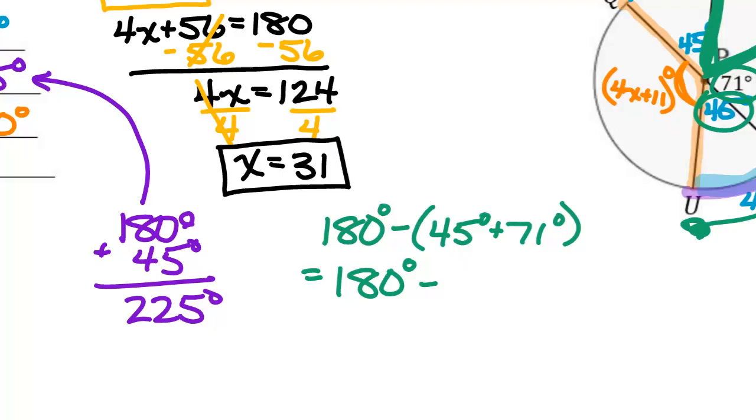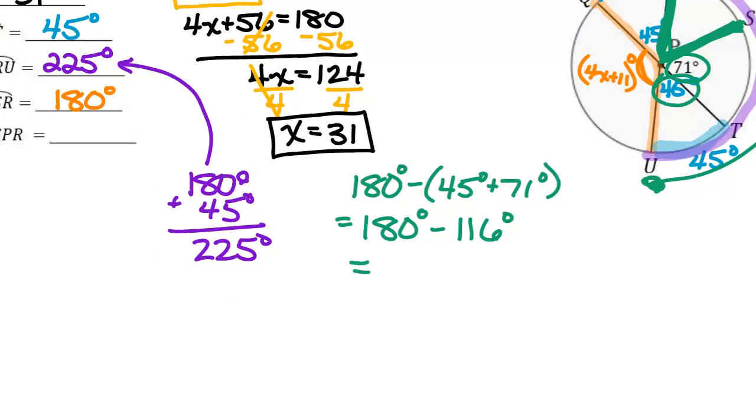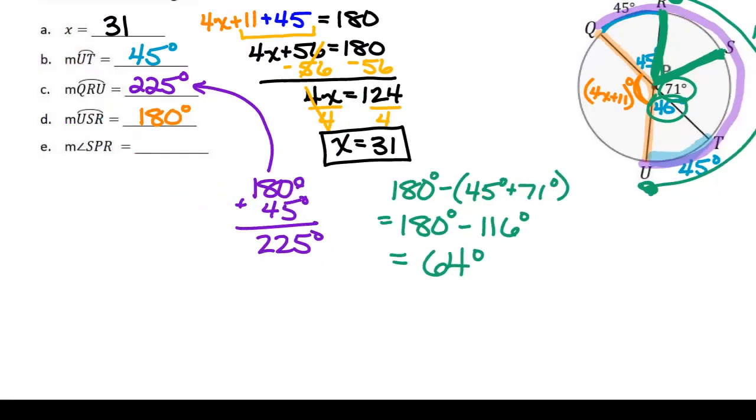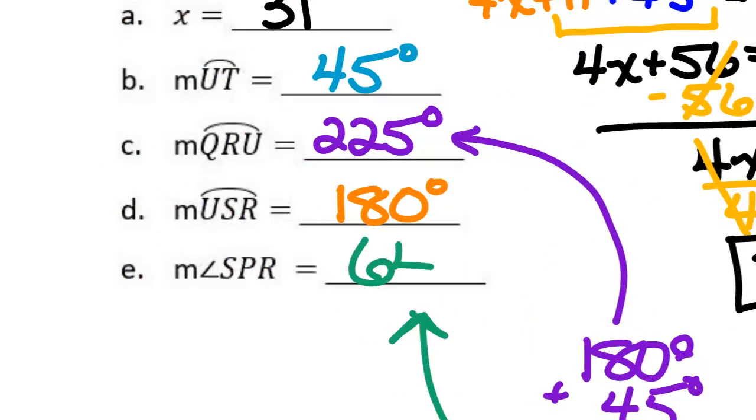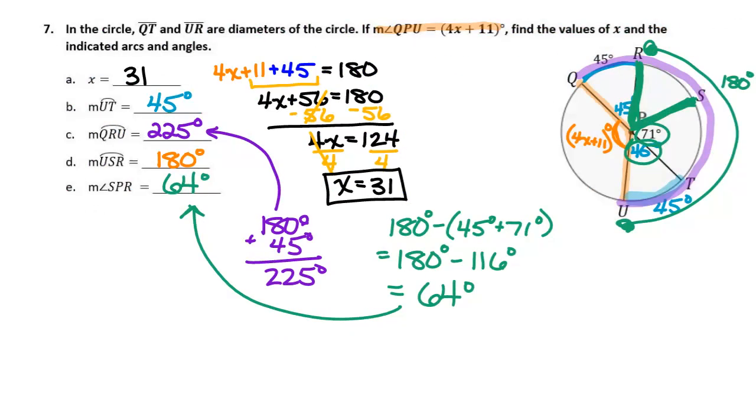What is 45 plus 71? 116. And what is 180 minus 116? 64. Very nicely done.